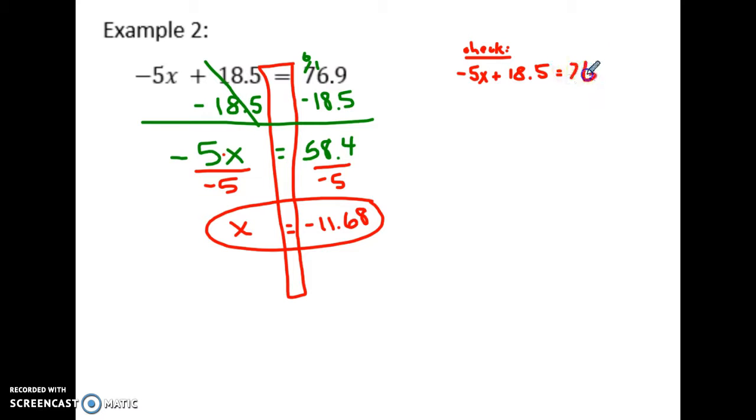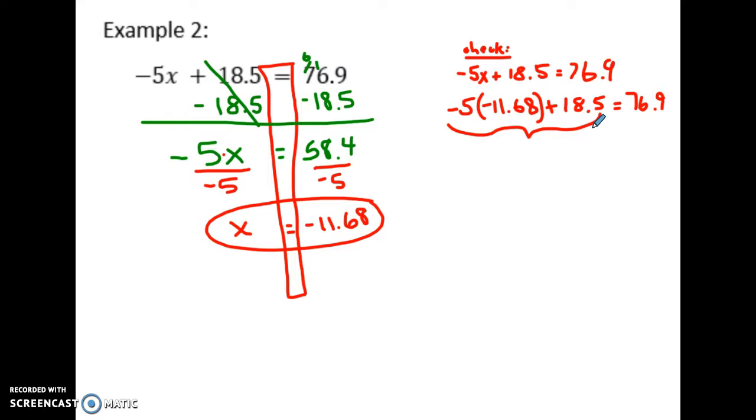All right, so again, when you verify, you take your answer, you plug it in. Is -5 times -11.68 plus 18.5 really 76.9? The only way to find out is to take this and put it in your calculator. So you can do it all together, or you can do it in 2 different steps.